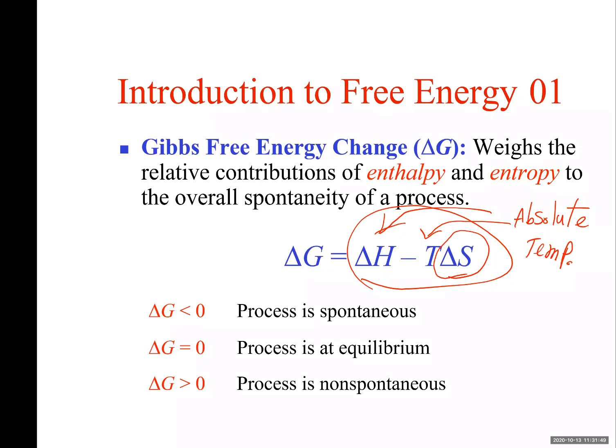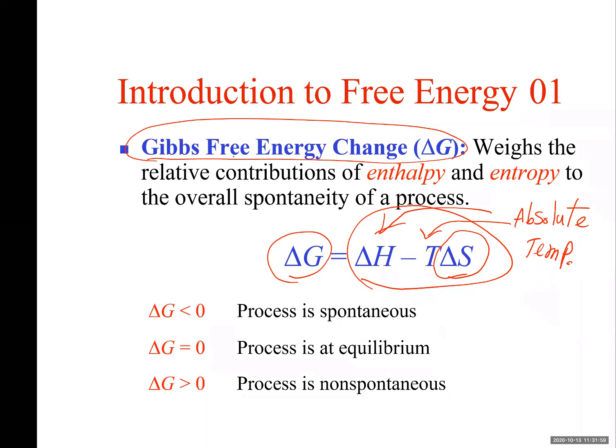So we are going to call this delta G. It's a new term, which we call Gibbs free energy, is equal to change of enthalpy, change of energy, minus absolute temperature times change of entropy. If we calculate this and delta G is negative, the process is going to be spontaneous.